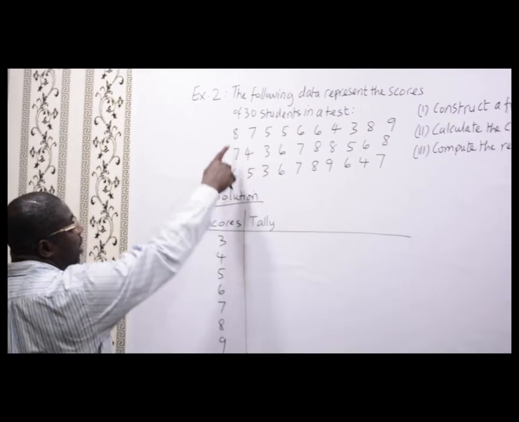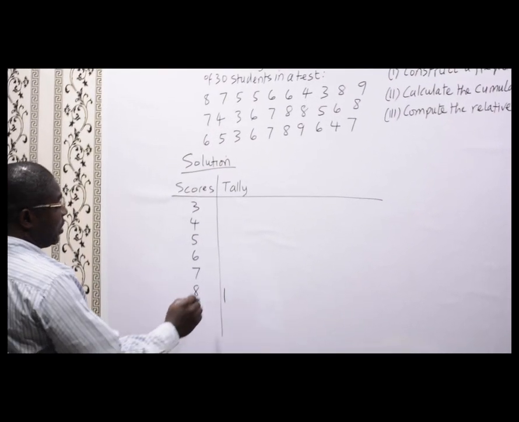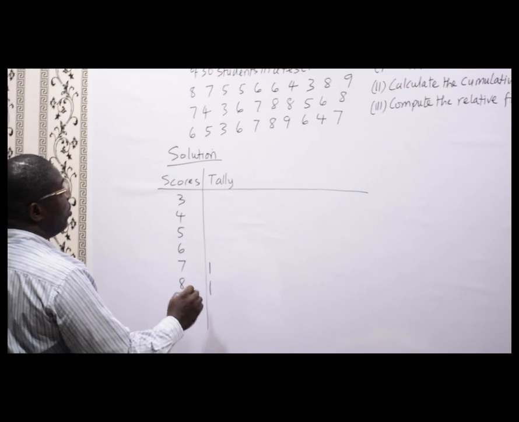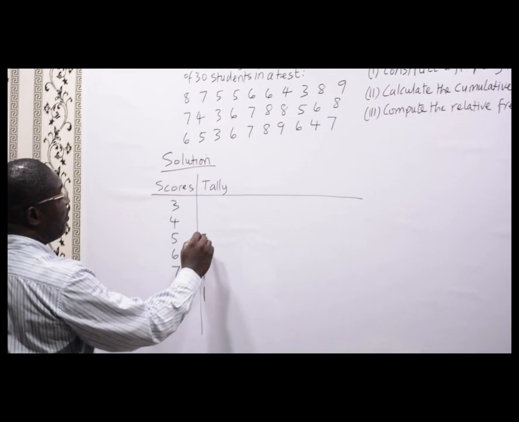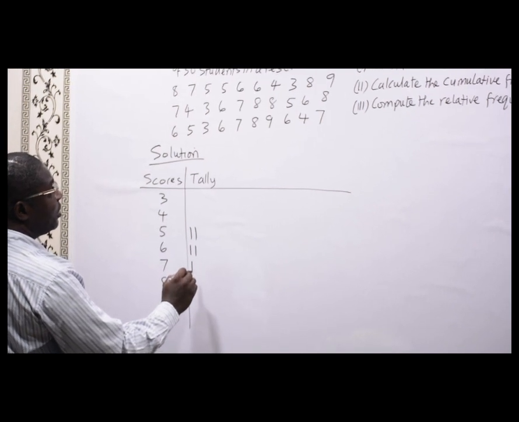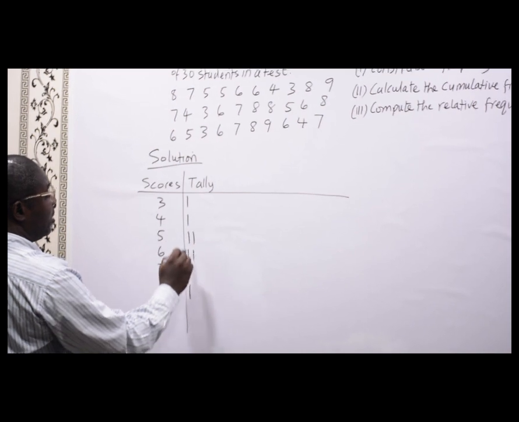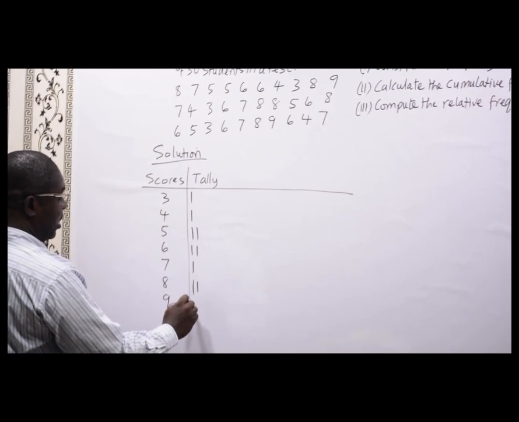We have 8 appearing, so we have a stroke for 8. Then we have 7 coming up, 1. We have 5, and 5 again. And we have 6 coming up twice. And then we have 4, 1. And then we have 3, and 8 again, and then 9.